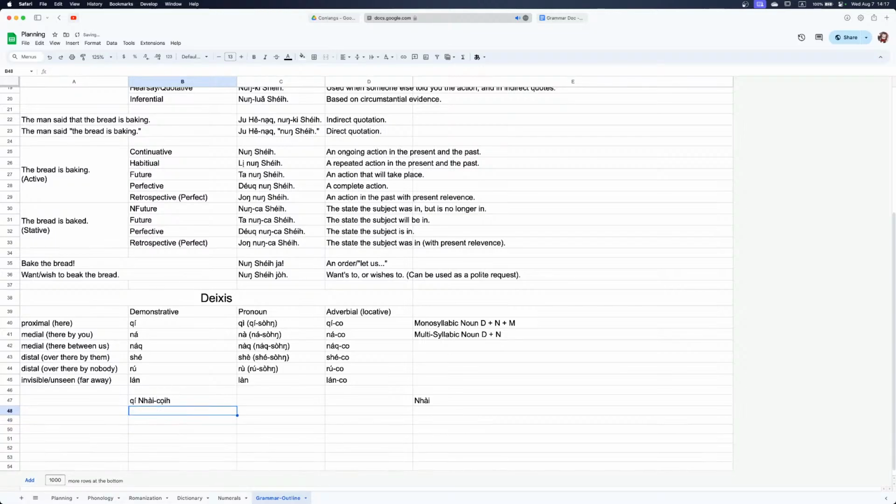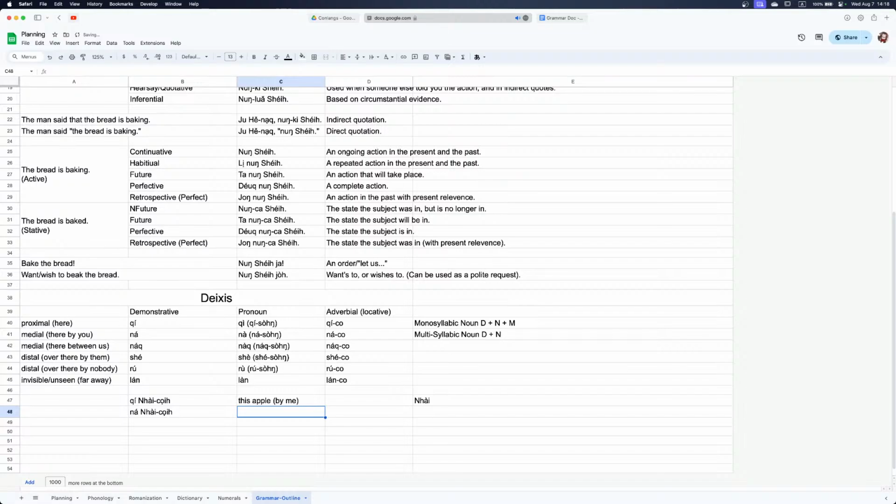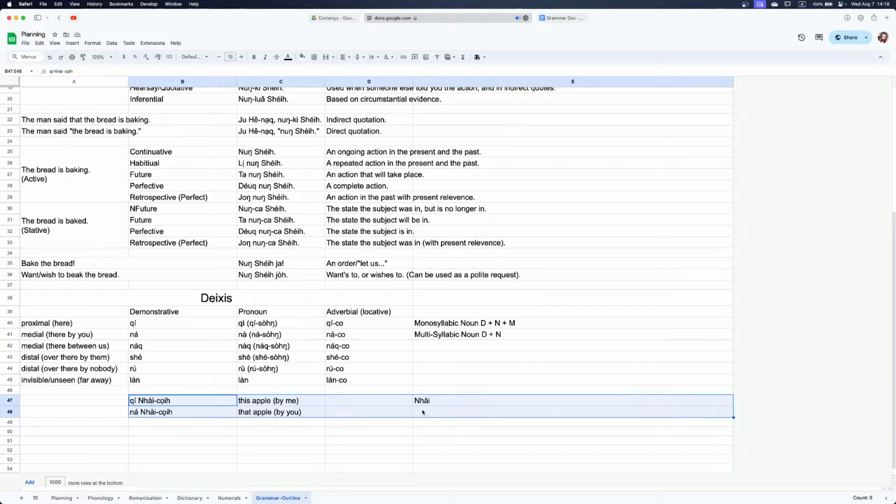If you wanted to say that apple, this apple by me, na nai koi. That apple by you or you're holding. Actually, I could make a little thing to demonstrate this.